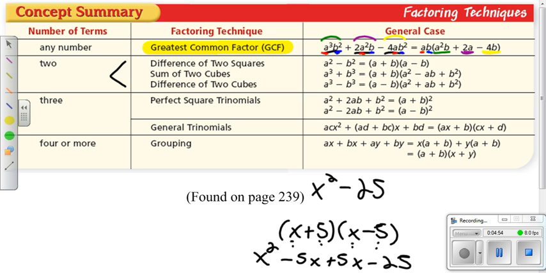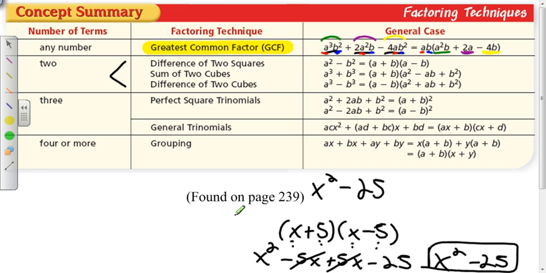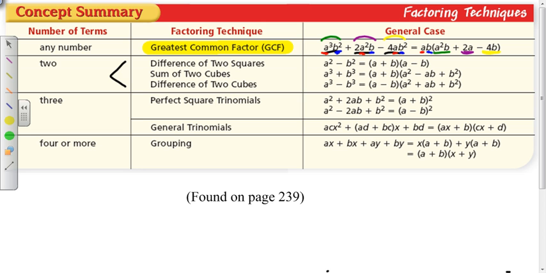Now we notice that our negative 5x and our positive 5x subtract each other out. So in the end, we're just left with our x squared minus 25, which was what we started with. And so that's just a way to check and make sure why that works for the difference of two squares.